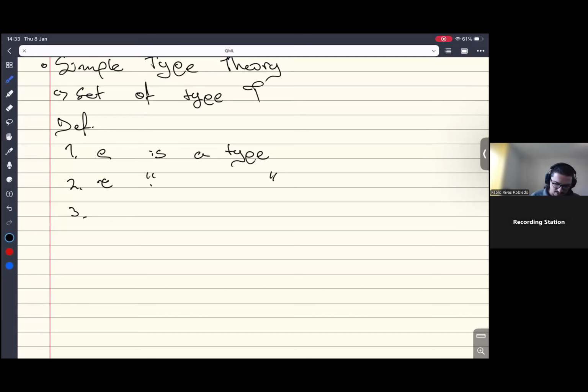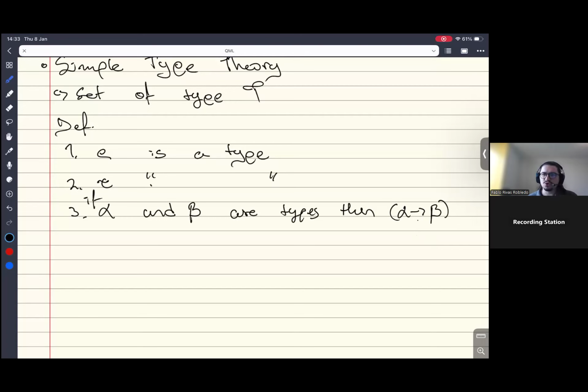Then our recursive clause is that if alpha and beta are types, then alpha to beta is a type. I know I'm using the same symbol as in the conditional, but I hope it's not ambiguous.